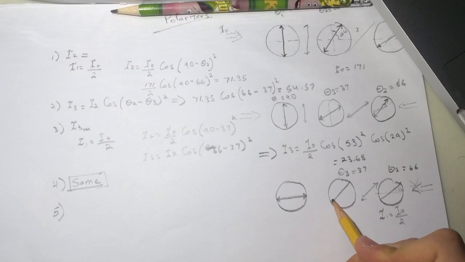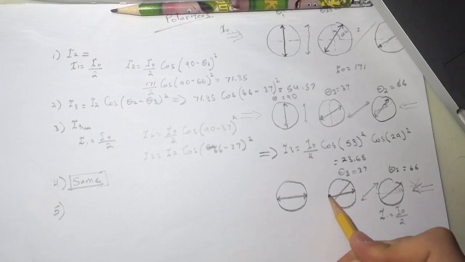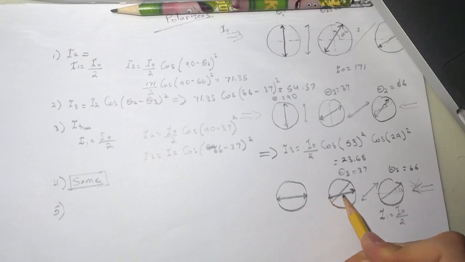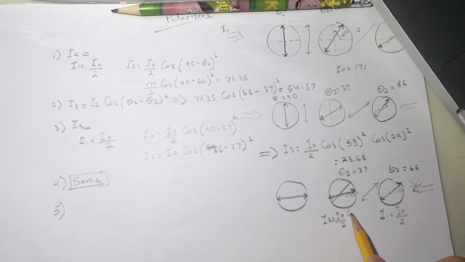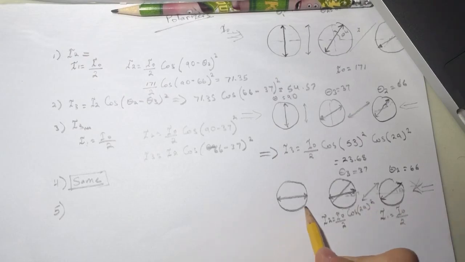Some bad drawing here. Let's say this is 37, and this one is coming with 66 degrees. Now I2 is equal to I1, which is I naught over 2, times cosine of, it doesn't matter which one you subtract, 66 minus 37, which is 29, squared.